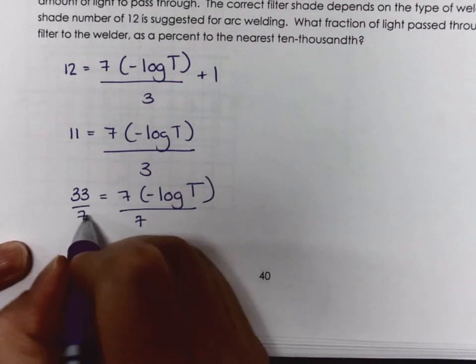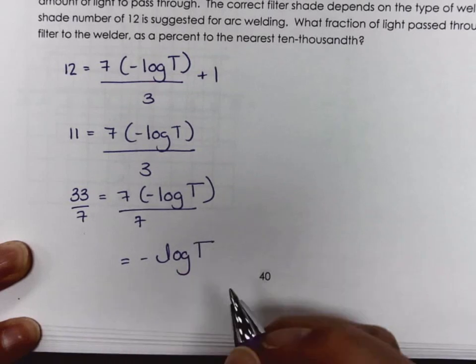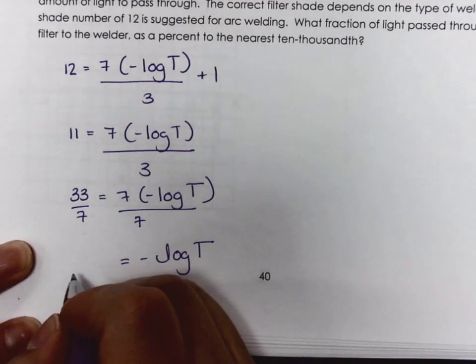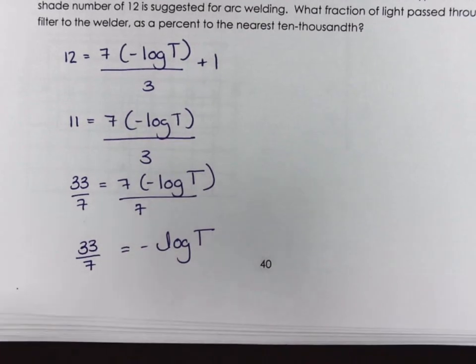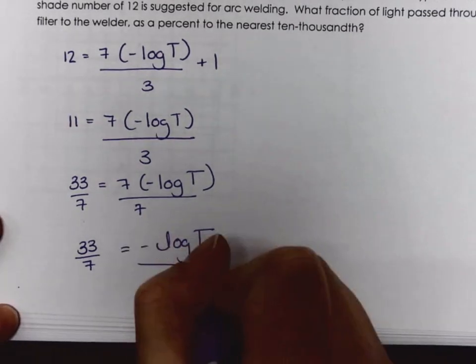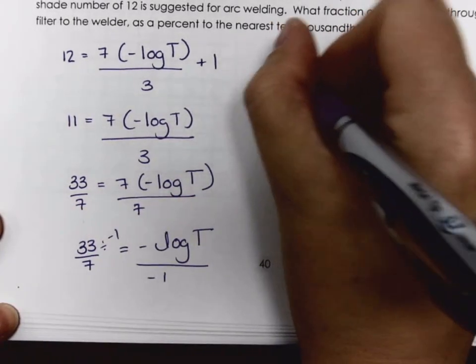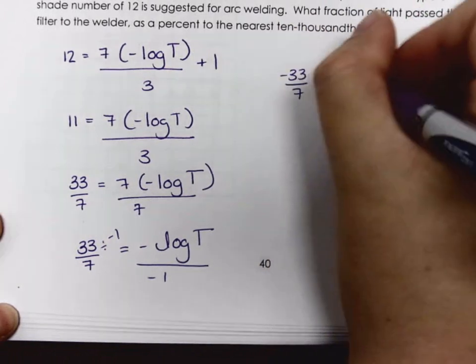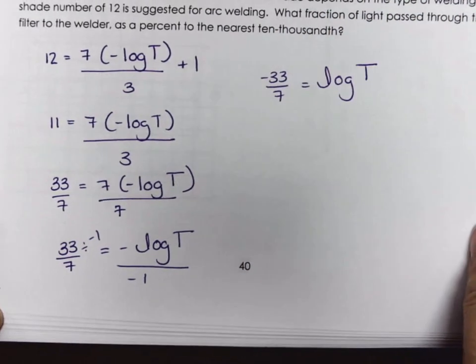Divide by 7. I'm going to leave this as 33 over 7. What happens next? Multiply both sides by -1. That'll work. So we have -33 over 7 equals log T.